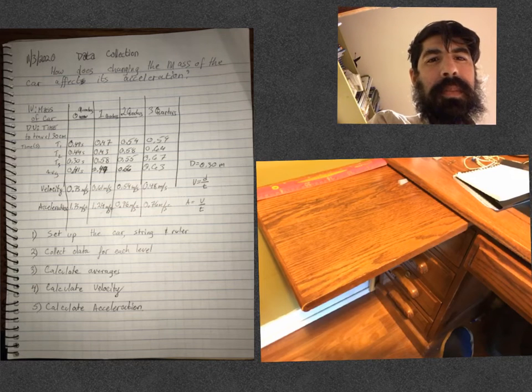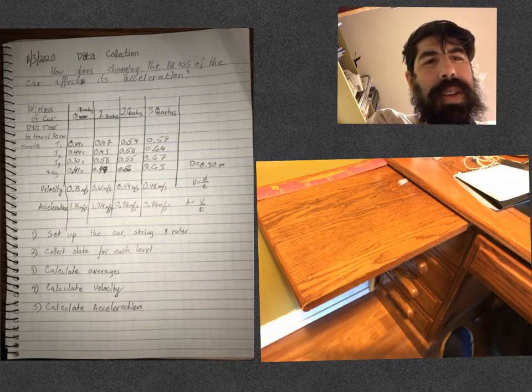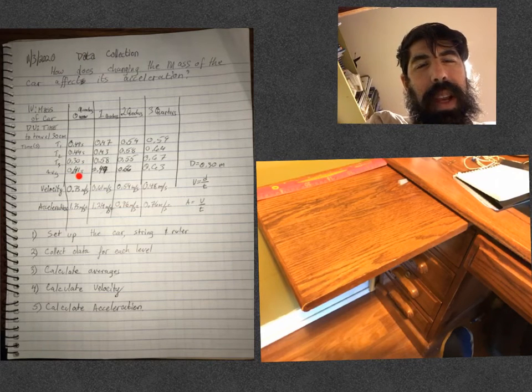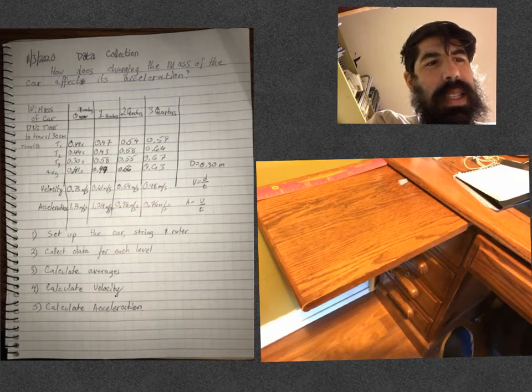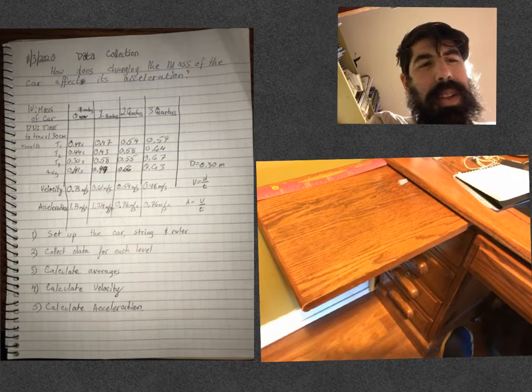All right. I'll show you how to do the calculations as well. Remember, for average, you're adding up the trials and dividing by 3. For velocity, you're taking that distance and dividing it by the time. And for acceleration, you're taking that velocity and dividing it by the time.